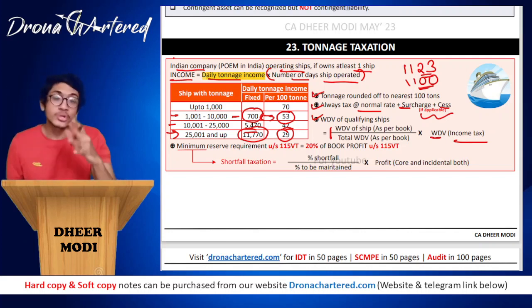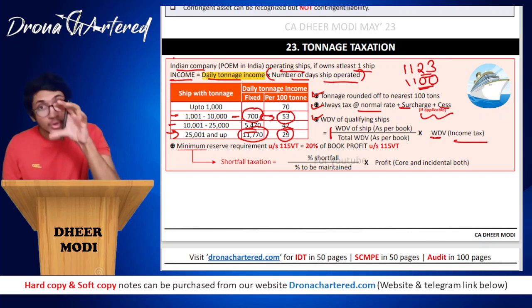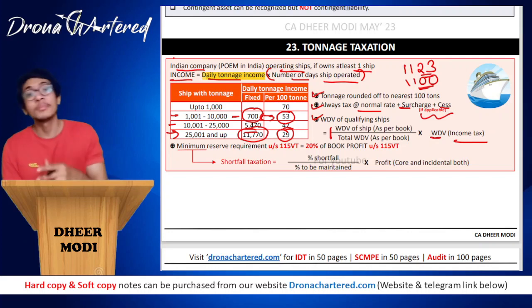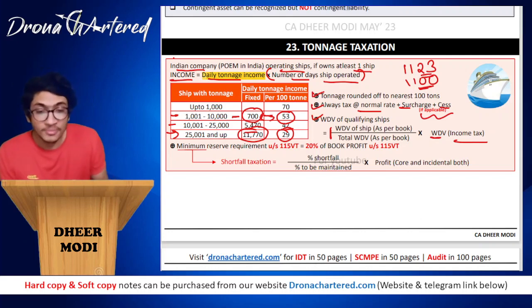So first you calculated what portion of your total business is the WDV of the ship, then you multiplied this with your total WDV as per income tax. That means this proportion of my WDV as per income tax is my WDV of ships. There is an MCQ on this in the ICAI MCQ booklet, therefore you have to know this formula.